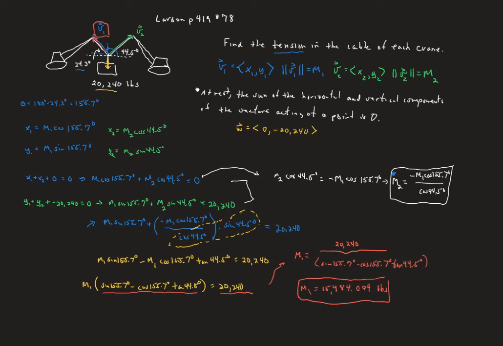Now, once we know m1, we can take that answer and use all the accuracy in your calculator, and we can plug it in right here for that m1. And if you do that correctly and don't round and then compute, I believe you will get m2 to be 19,785.832 pounds.